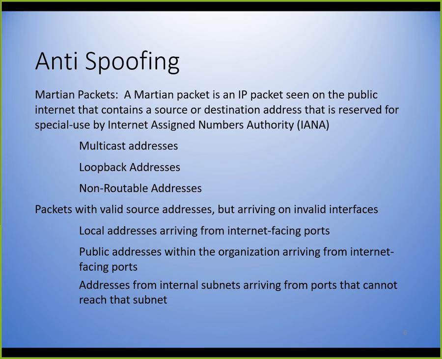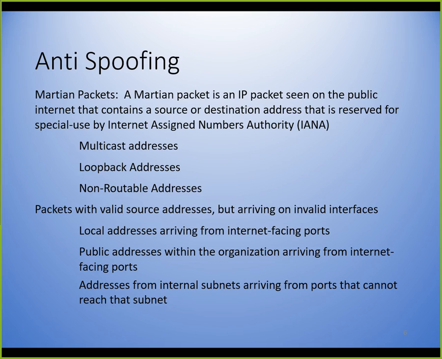It can also be used for anti-spoofing, and Martian packets, and that's what they're called. A Martian is an IP packet seen on the public internet that contains a source or destination address that's reserved for special use by IANA.